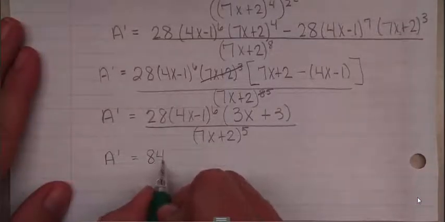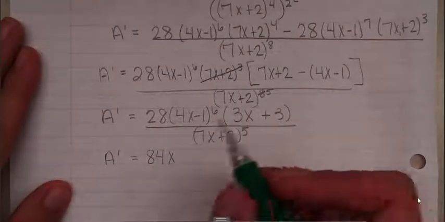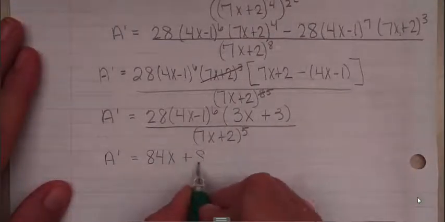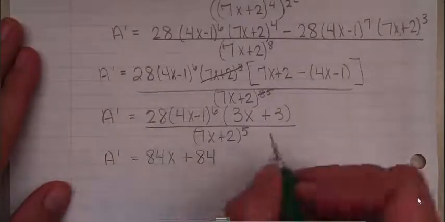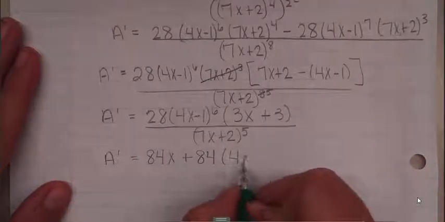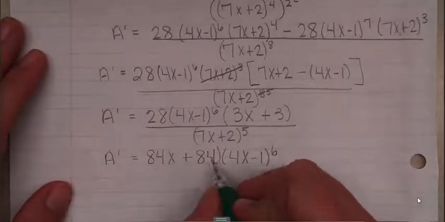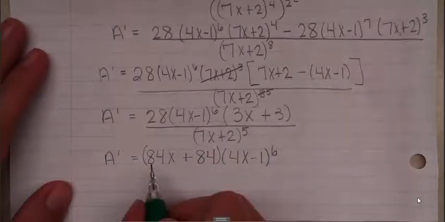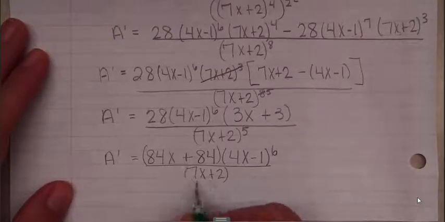So I'm going to have 84x plus 84. And then that's going to end up getting multiplied to 4x minus 1 to the 6th power, all over 7x plus 2 to the 5th.